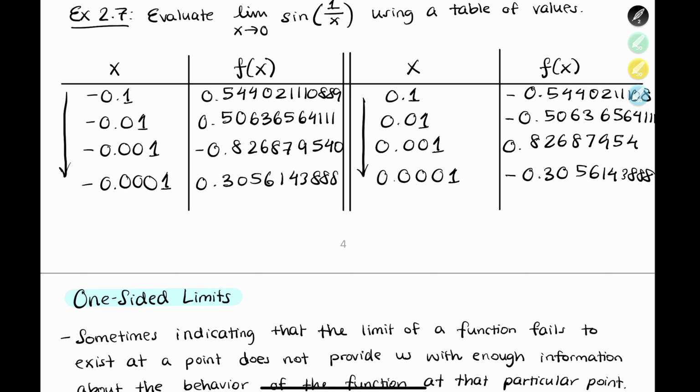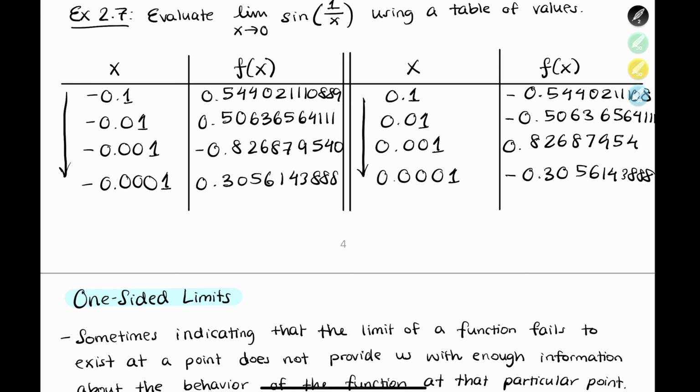At least in this case, at negative 0.0001 we're approaching 0.3056, and at 0.0001 we're approaching negative 0.3056. So we're not approaching the same number.